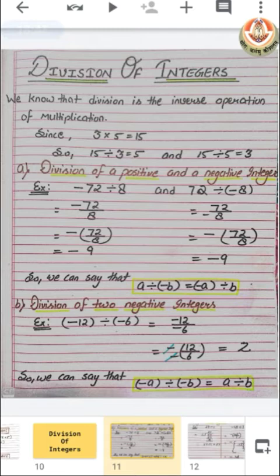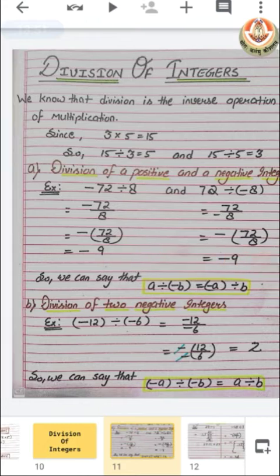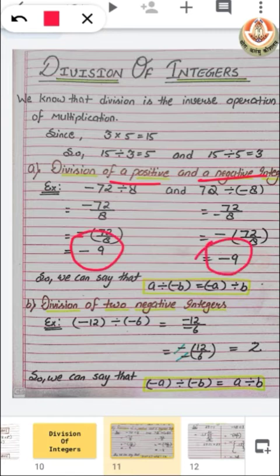So, we know that division of a positive and a negative integer gives a negative integer as answer. Whether that negative integer is a divisor or dividend, the answer is always negative.